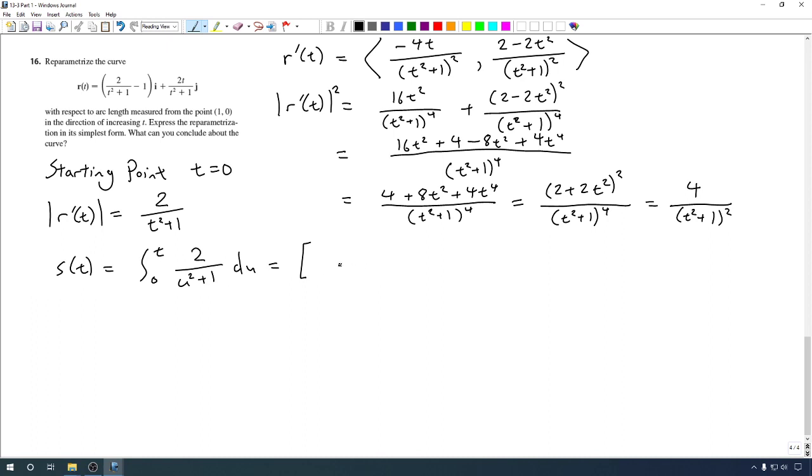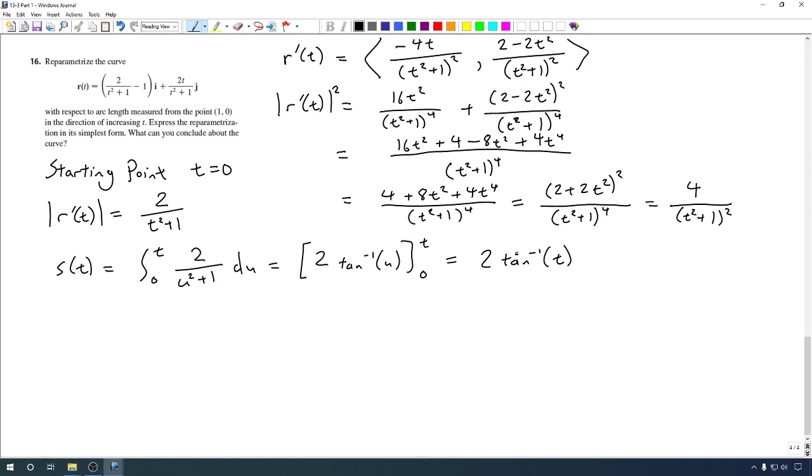If you recall, that is the inverse tangent of u. The 2 just sticks around for the ride. If we plug in t and 0, we get 2 inverse tangent of t, and inverse tangent of 0 is 0, so that's all we need to do. At least that's all we have to do for now.